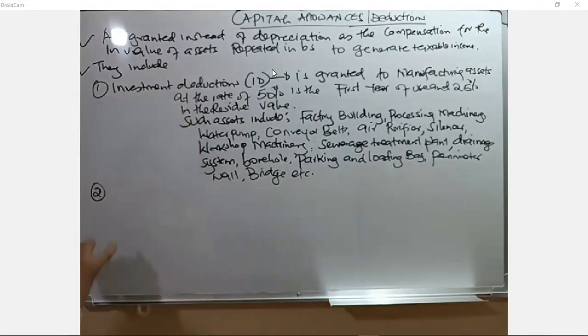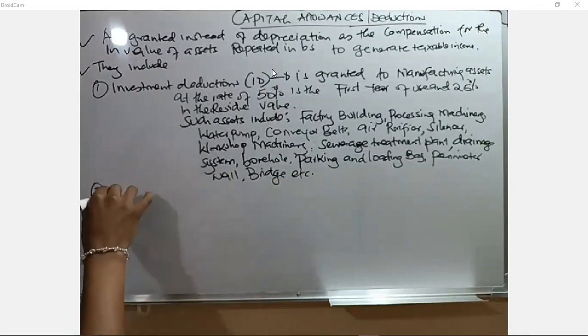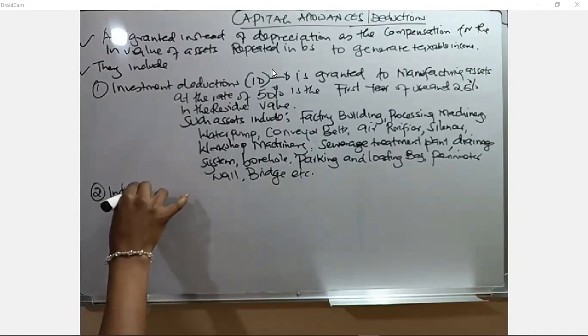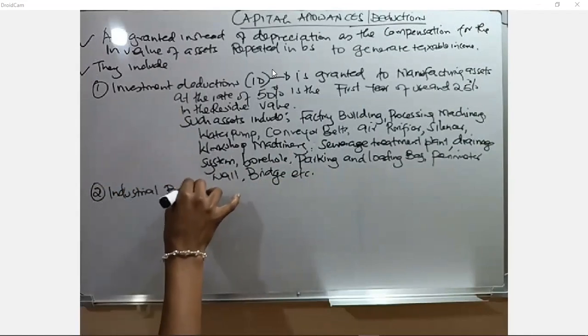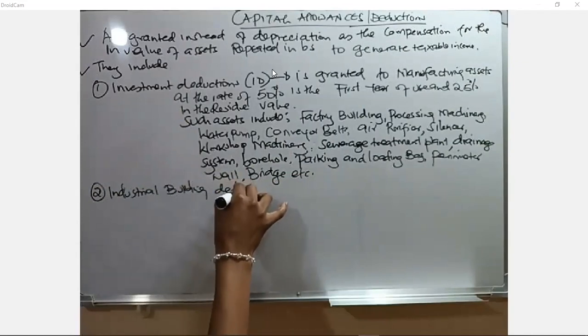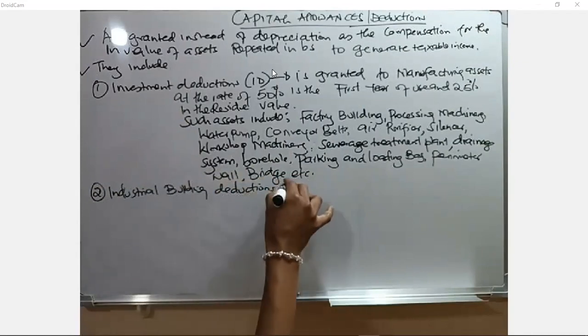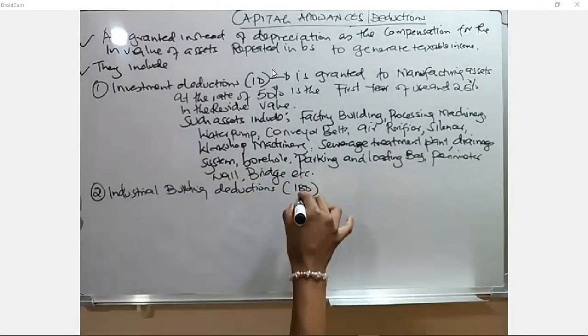Number two, we normally have industrial building deductions. In other terms, it is normally called IBD, right?